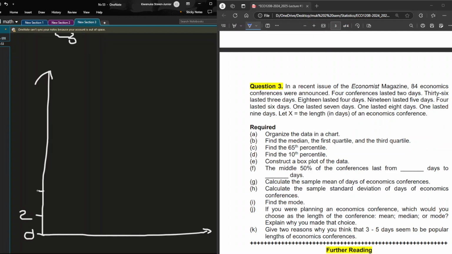Yeah, I expect yours to be neater since I'm on a PC and I'm using a mouse. 2, 4, 6, 8, 10. Yeah. So the first one is 2, which is our minimum, and our maximum is a 9.